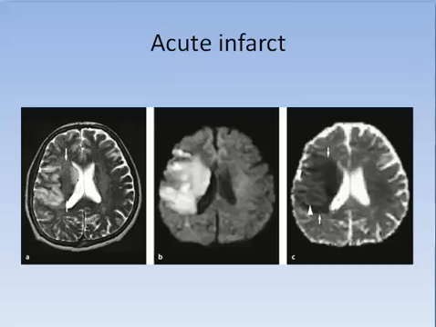ADC map is core, while the diffusion is both core and penumbra. Core and penumbra, core only, and here is edema, the negative shadow of the edema.